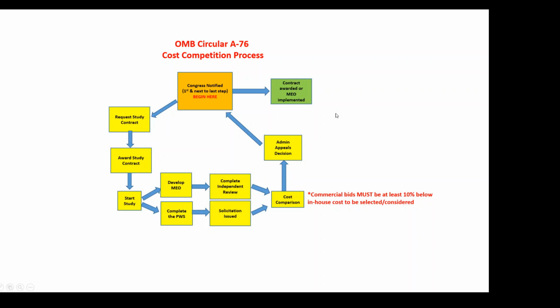So that was quick and simple. It's the A76 cost competition process, and this is the process used to determine whether we keep the functions in-house, which is the most efficient organization, or we get a contractor to complete that task.